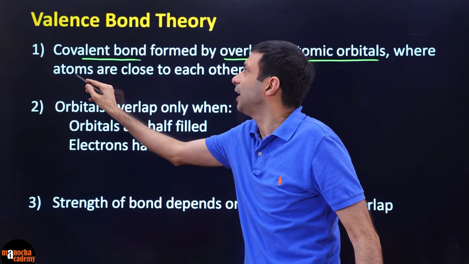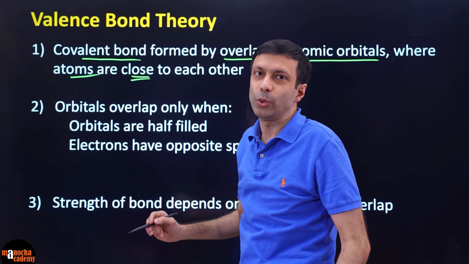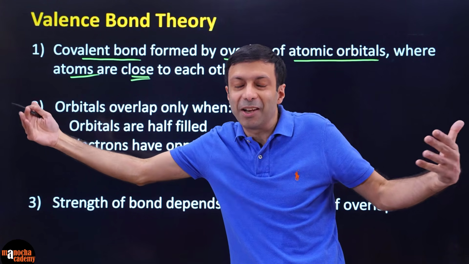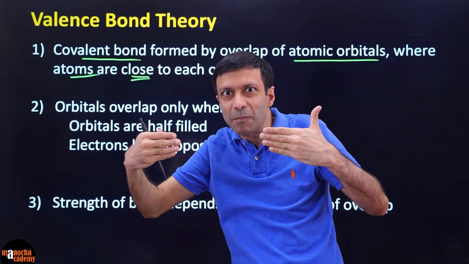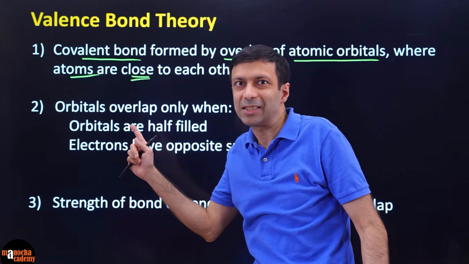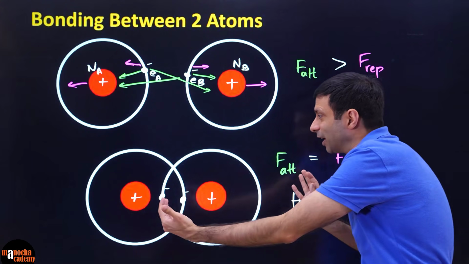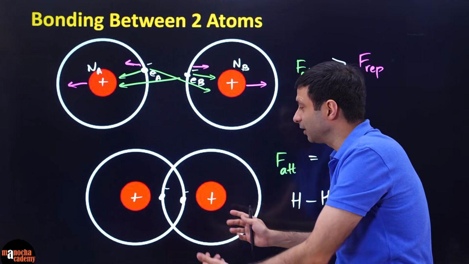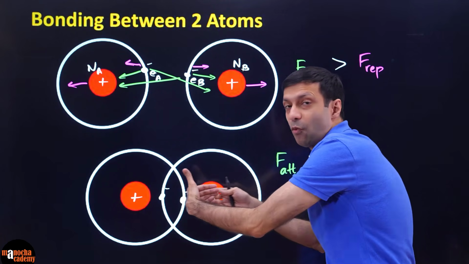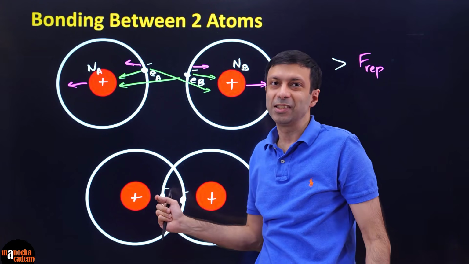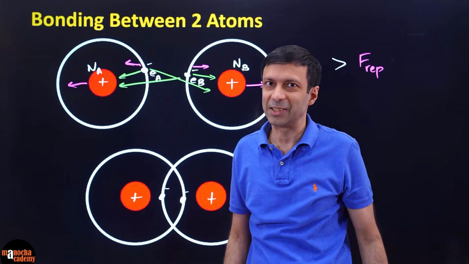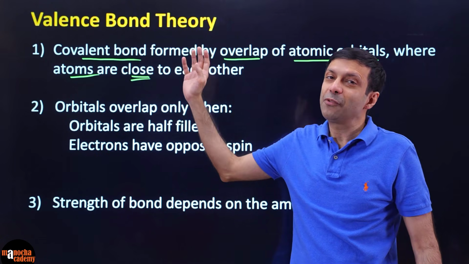And this happens when the atoms come close to each other, because the overlap cannot be there if they are very far away. Atoms have to come close to each other, like we had discussed earlier. So remember, when we talked about the hydrogen atoms coming close to each other, we are going to look at the overlap of these atomic orbitals, which the valence bond theory tells us about. So that was our first point.